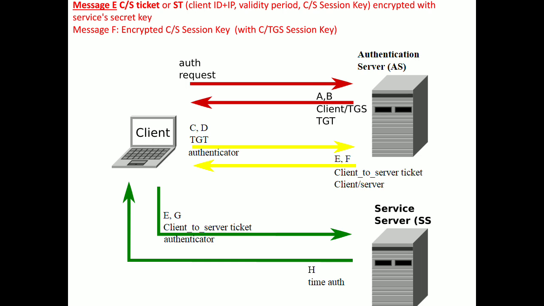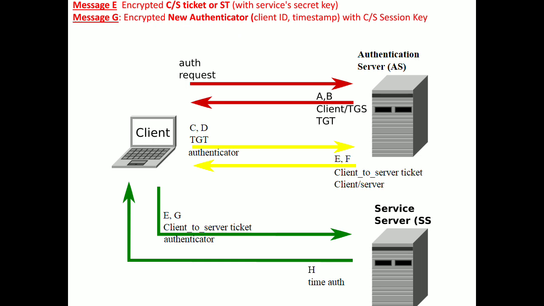So this is another session key which is encrypted with the earlier session key of client to TGS. This new session key will be used between the client and the server while the client is requesting the resource from the server directly, since now it has the encrypted service ticket.